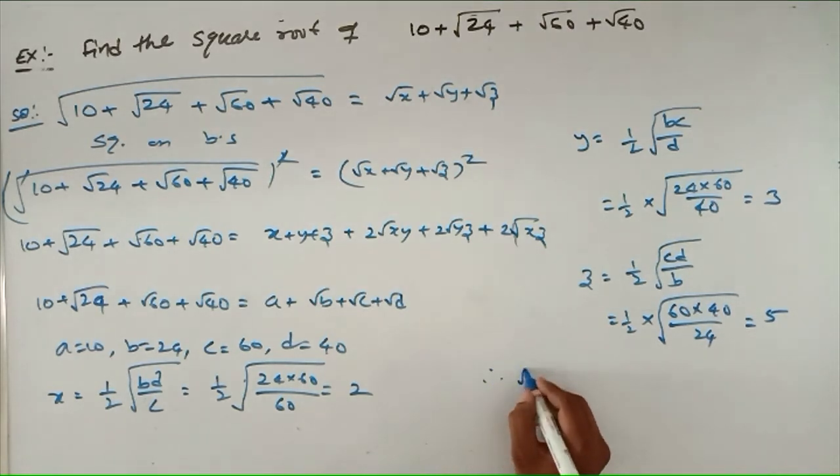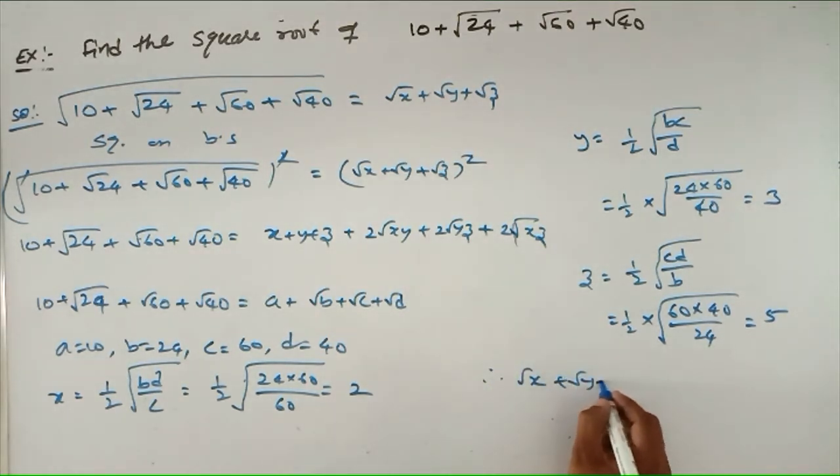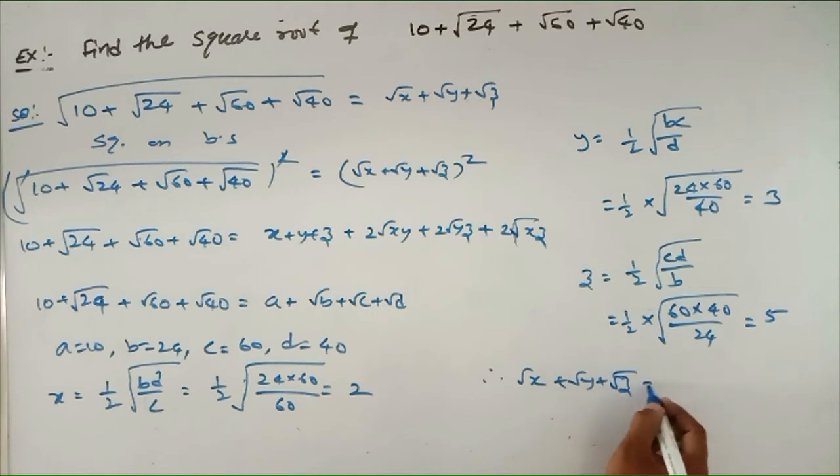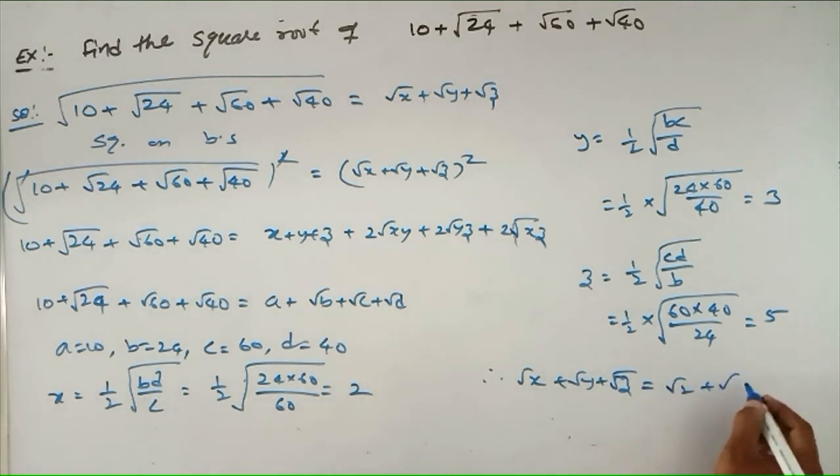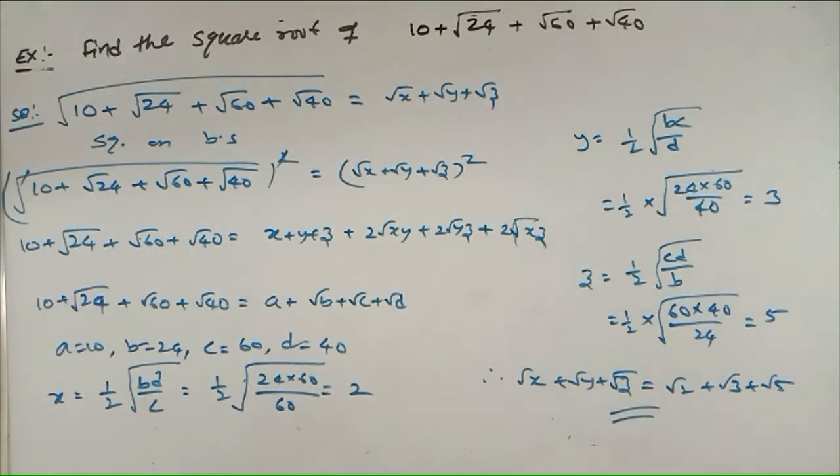So therefore root x plus root y plus root z is equal to root 2 plus root 3 plus root 5. So this is the way how we are going to find the square root of the trinomial.